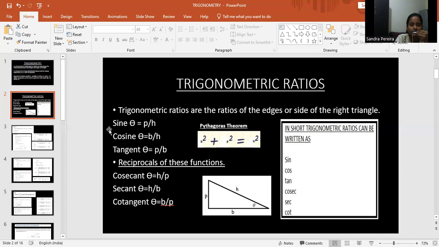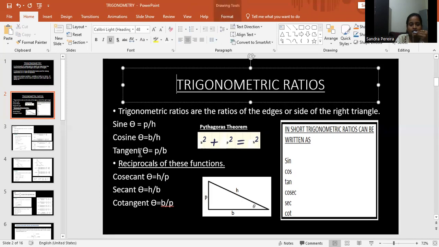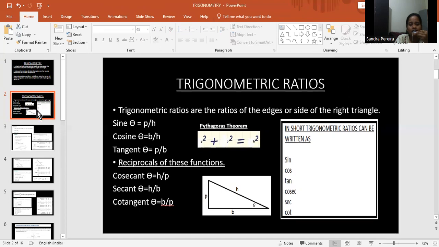And using these trigonometric ratios, we can find these functions. These are called reciprocals of the given functions.